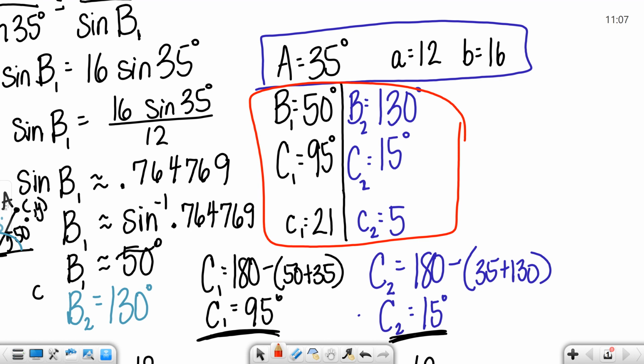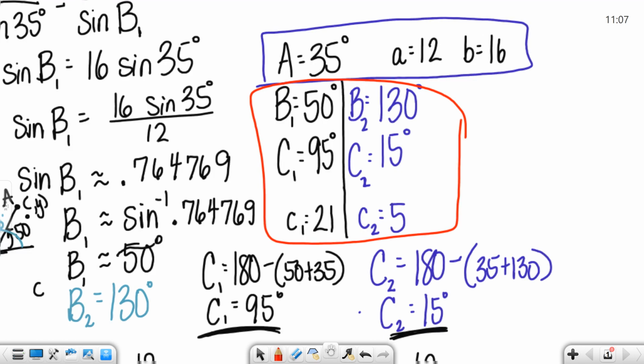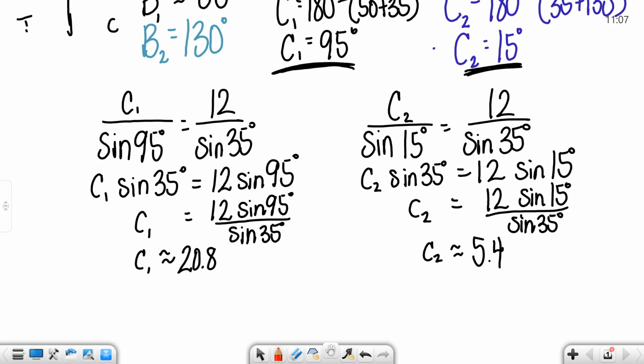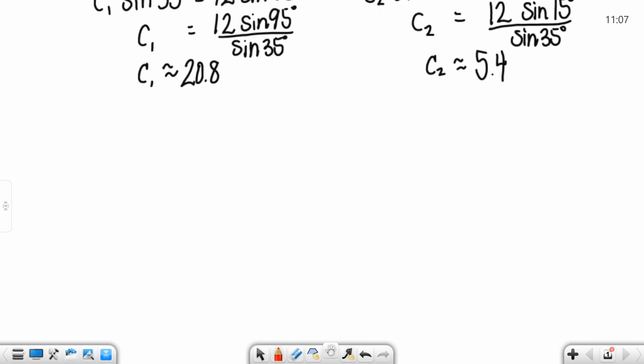And then triangle A, B2, C2, I found everything that goes with that. So that's why this one was a little bit harder case. It's just a little bit more work. Okay. So those are our two cases for using the law of sines.